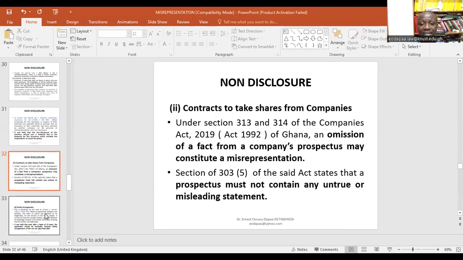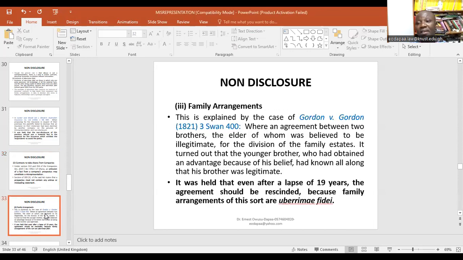So let us keep that in mind. Of course, a family arrangement is also another type of case where you cannot remain silent and you must disclose information, otherwise that could give rise to misrepresentation. The well-known case of Goddard v Gordon, there was an arrangement between two brothers.